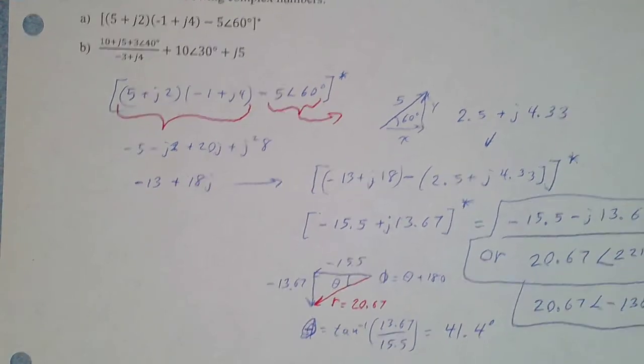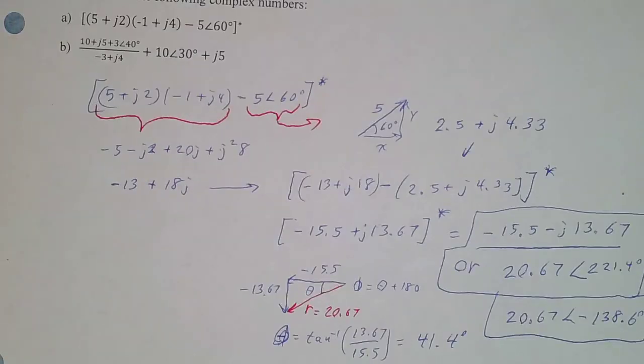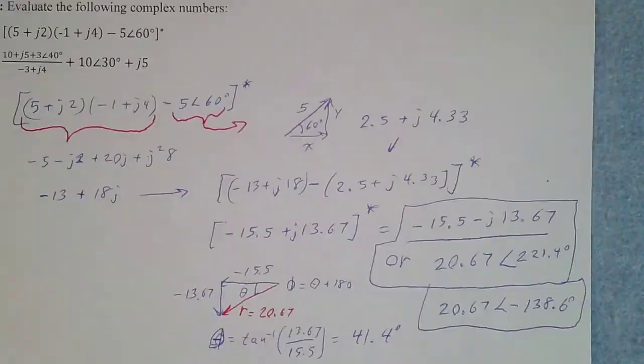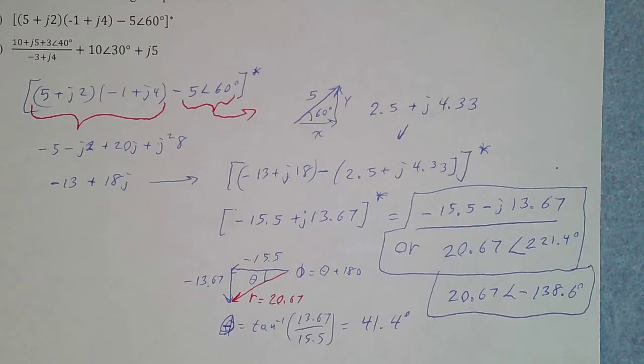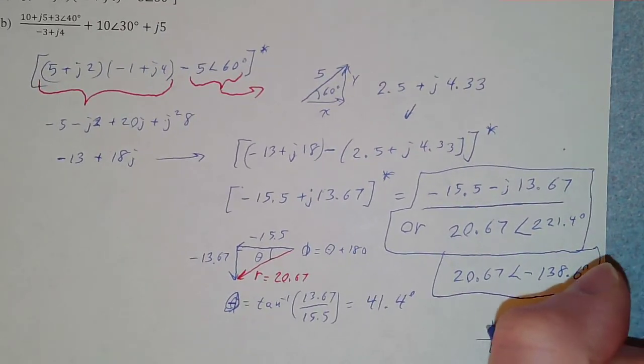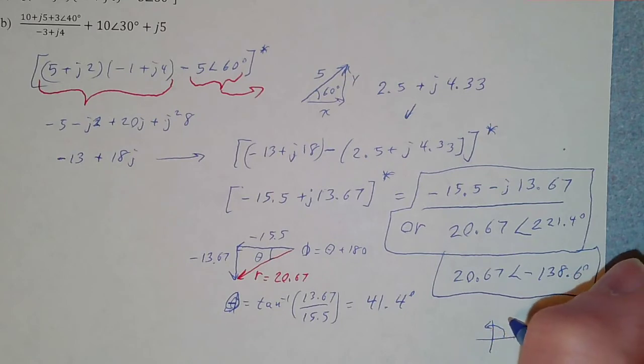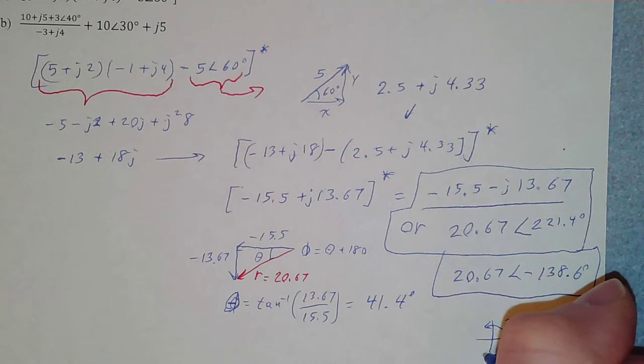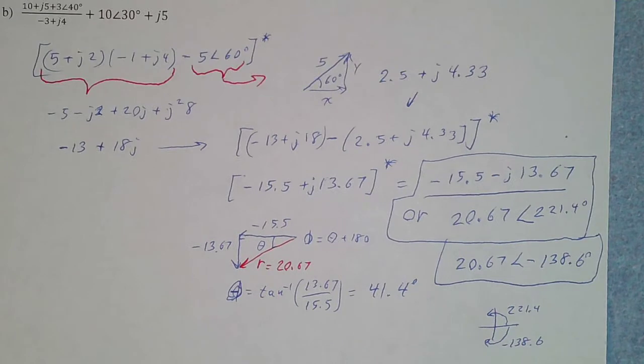Because that goes the same way. On a graph, with the polar coordinates, 221.4 this way is equal to minus 138.6 this way. So that's all we're doing when we do that.